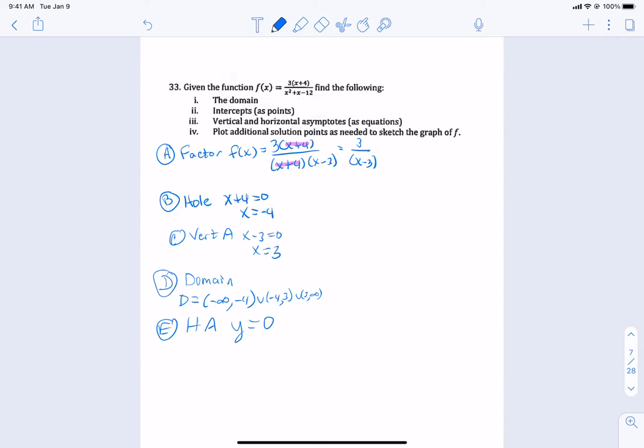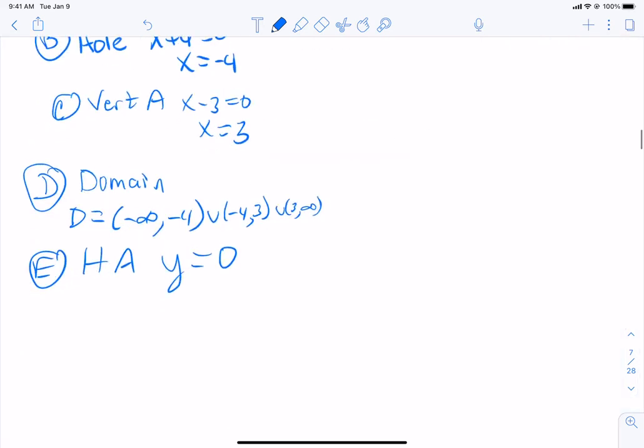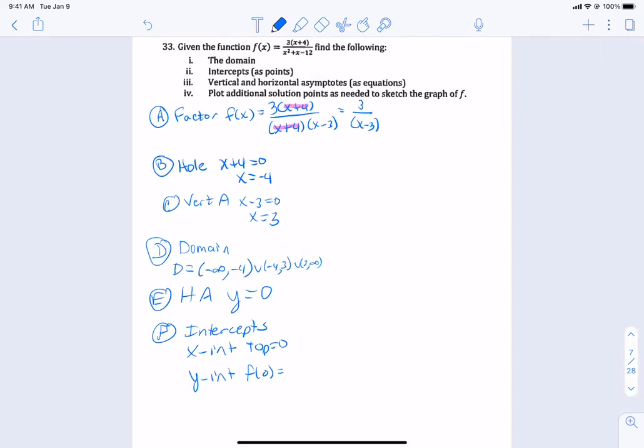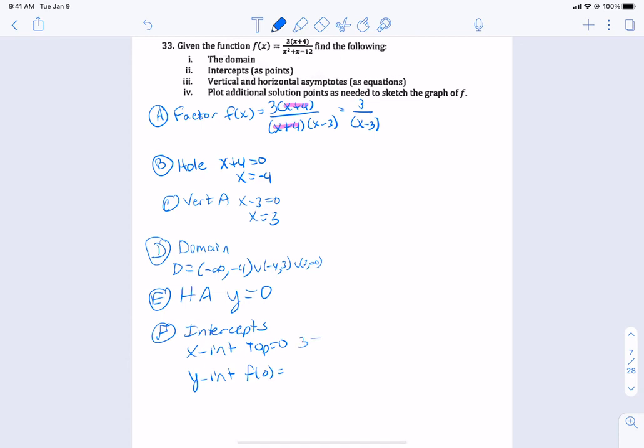Okay, let's do intercepts next. The x-intercept is where the top equals 0. The y-intercept, you just plug in 0. Okay, so those are the things to remember. The top of this is 3. 3 does not equal 0. So there are no x-intercepts.